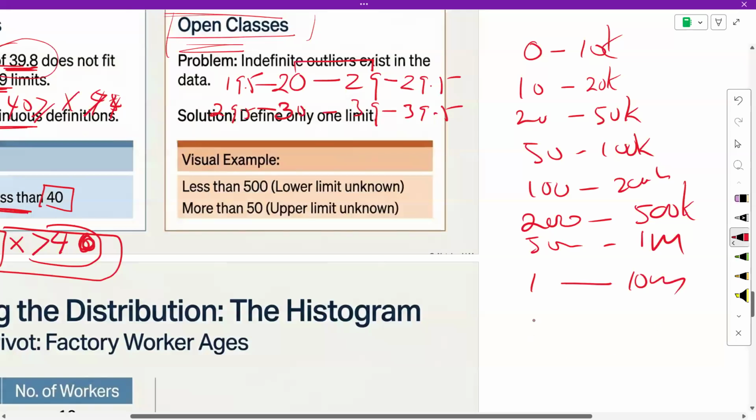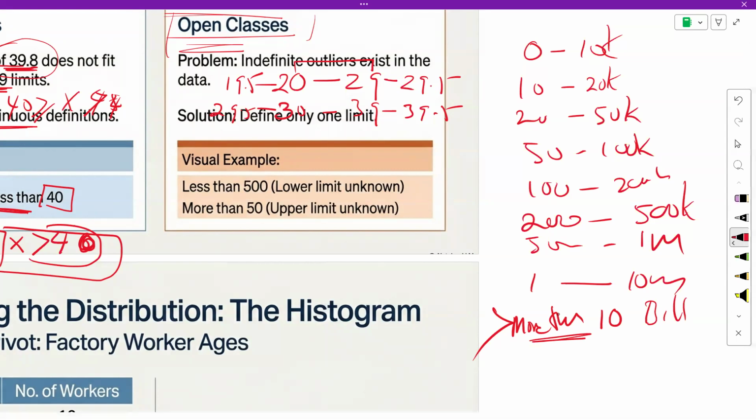There are people getting billions, but only one or two observations. So what we do is say more than 10 million. Which means the class is open, and it can take any value more than that. This is called an open class.